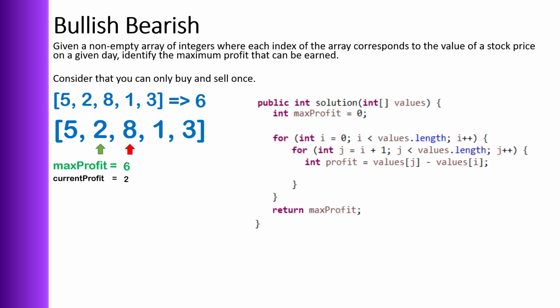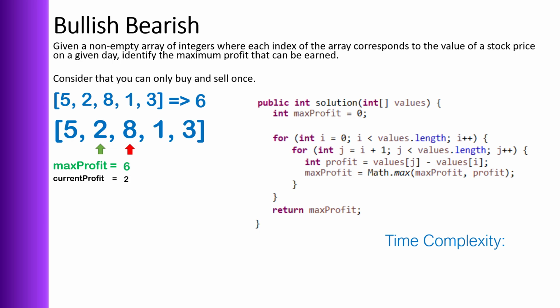And then we will check whether max profit is greater than the profit that we currently have using the cursors. So if profit is greater than the max profit, then we will assign the profit to max profit.